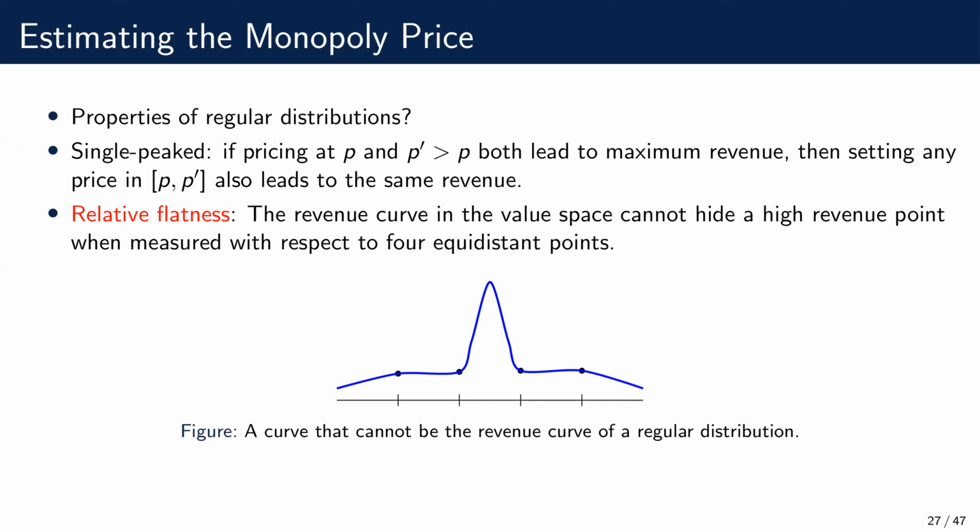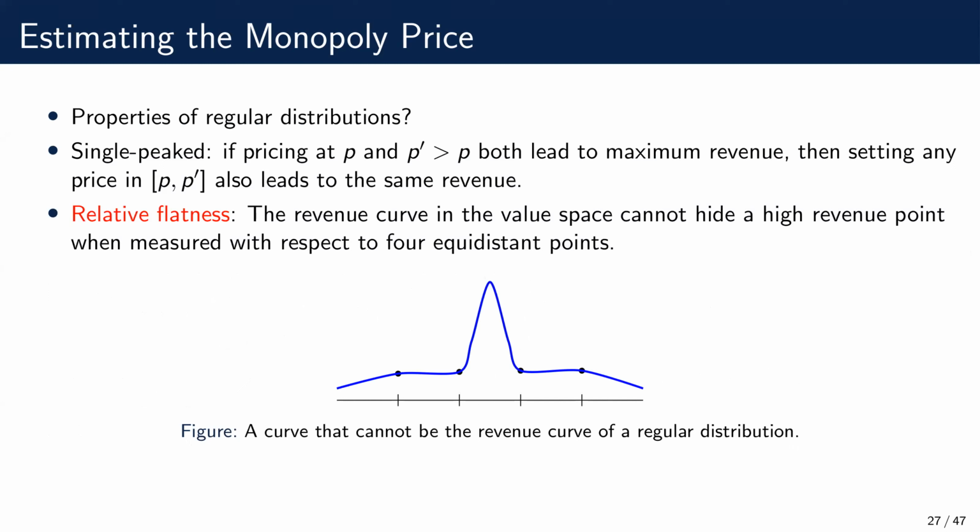There are some important properties of a regular distribution. Firstly, the revenue function of a regular distribution is single peaked. So it means that there can only be a single point or a single interval that has the highest revenue. And the second property of the regular distribution is something we call relative flatness.